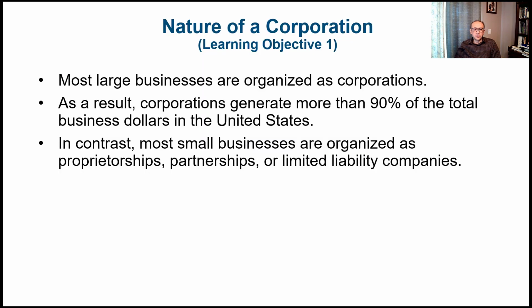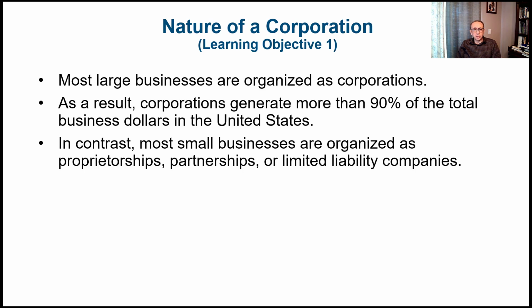So most large businesses are organized as corporations. If you think about all the big names of publicly traded companies, they're all organized as corporations. And even smaller companies that are not public could still be structured as private corporations. As a result, corporations generate more than 90% of the total business dollars in the United States.